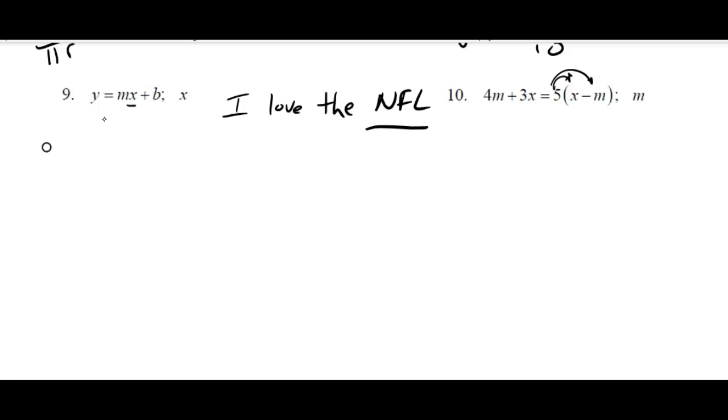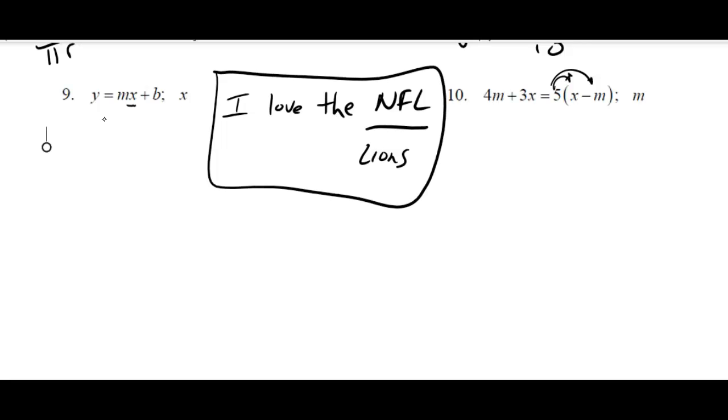So if you're a Lions fan, write the Lions. Put that in your notes somewhere when you upload, because a lot of you are going to upload Thursday's assignment late. Give me your favorite NFL team in your notes or in your homework where I can see it, and then I won't mark your Thursday assignment late. Have a good weekend.